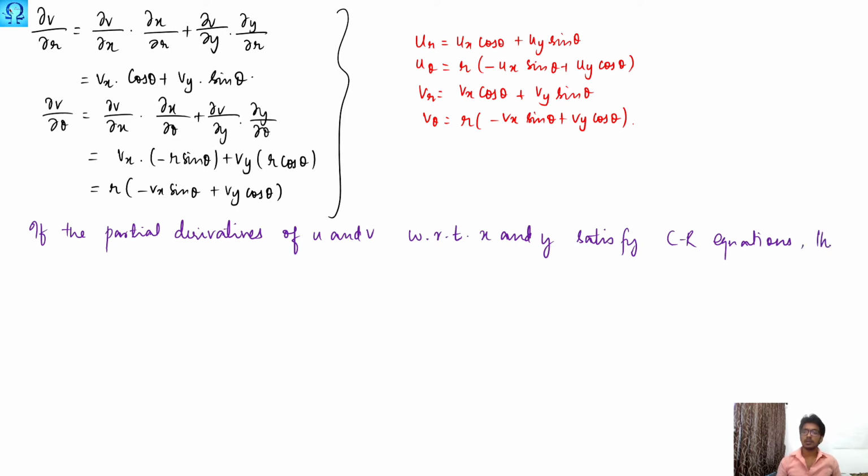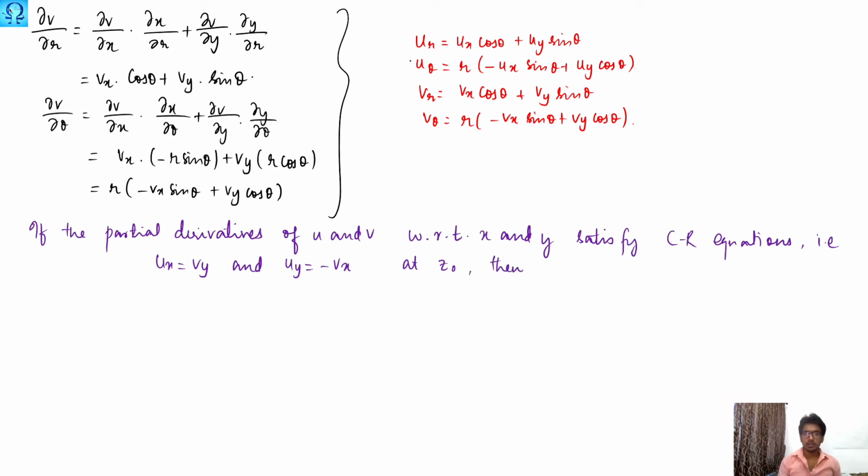It means what? That is ux is equal to vy and uy is equal to minus vx, or vx is equal to minus uy. We may write either way. At some point z naught, then what are we going to have?